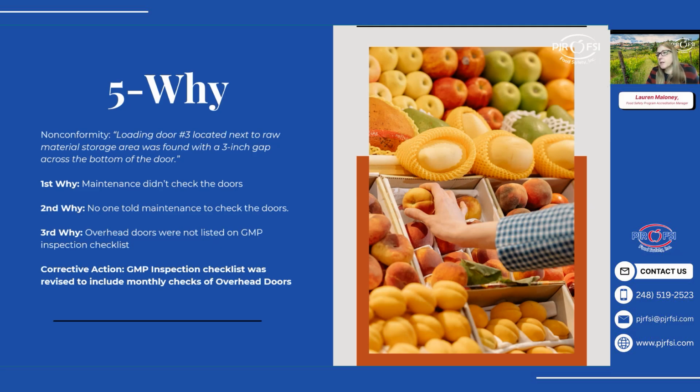So the corrective action that they would come to would be that the GMP inspection checklist was revised to include monthly checks of overhead doors that assigned the issue to a specific job and had verification of the checklist to be filled out monthly that those doors would be checked.